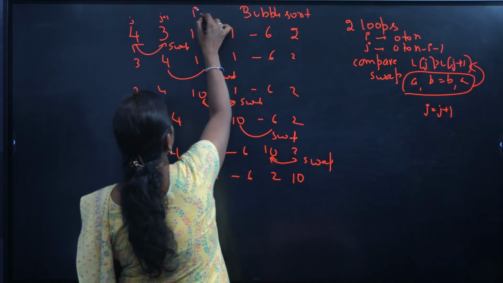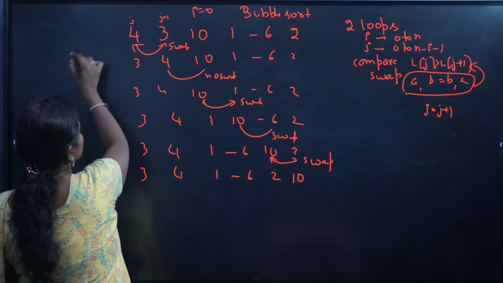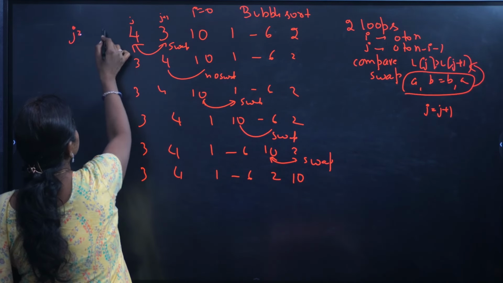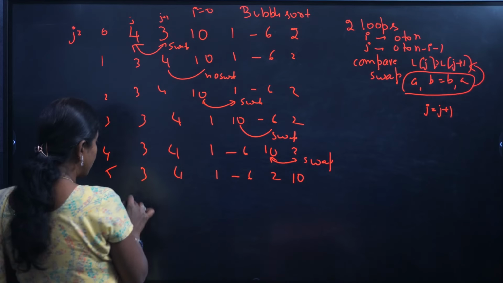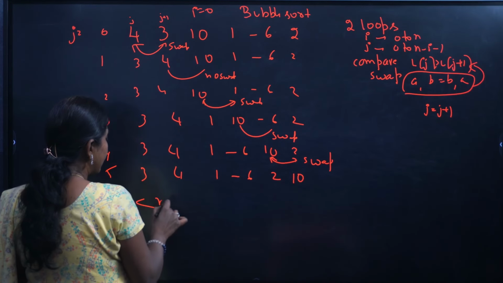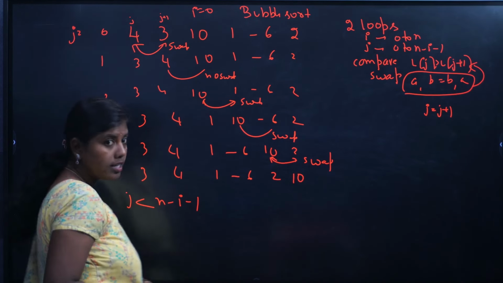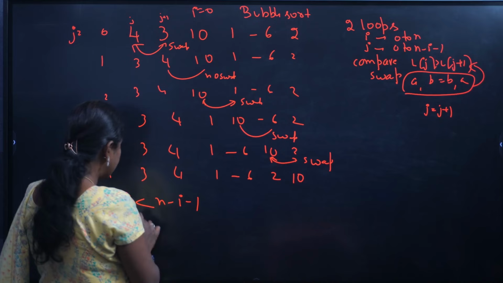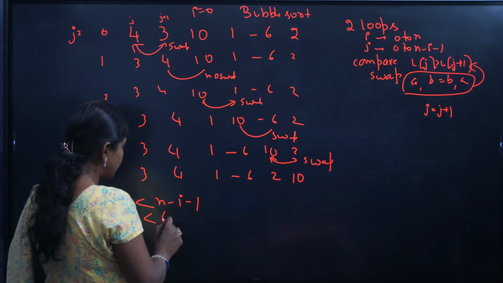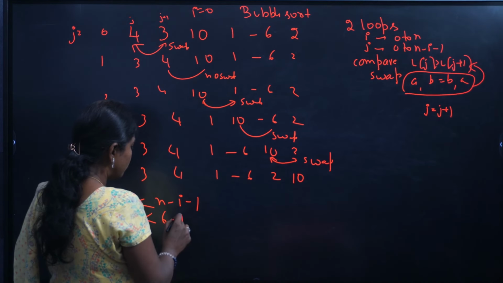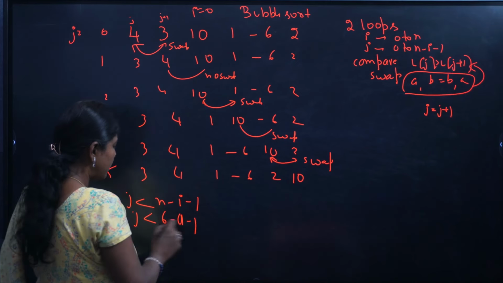This is for I equals 0, and this is for J equals 0, 1, 2, 3, 4, 5, because J should be less than n minus I minus 1. In this case, n is 6, so J should be less than 6 minus 0 minus 1, which is 5.